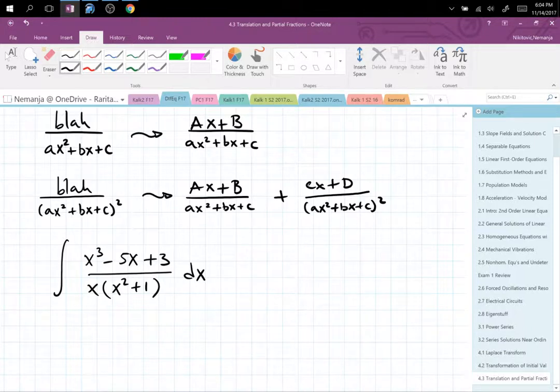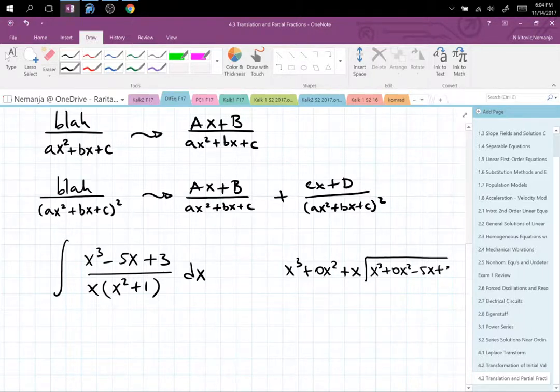So you have to divide x cubed minus 5x plus 3 by x squared plus 1. You keep the placeholders: x cubed plus 0x squared minus 5x plus 3. So you do the long division first.